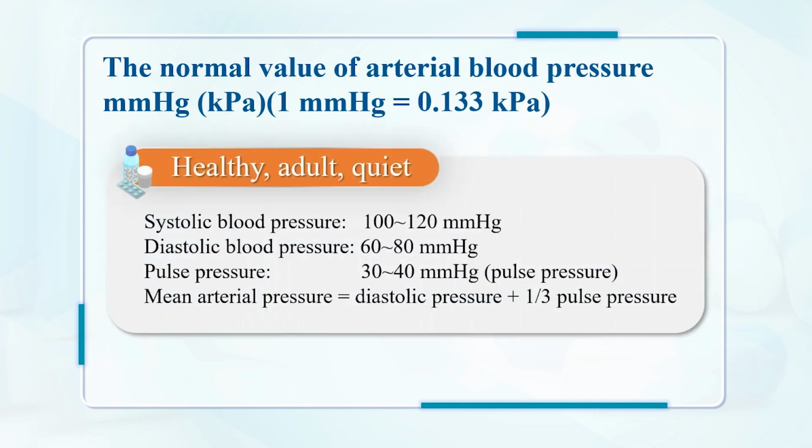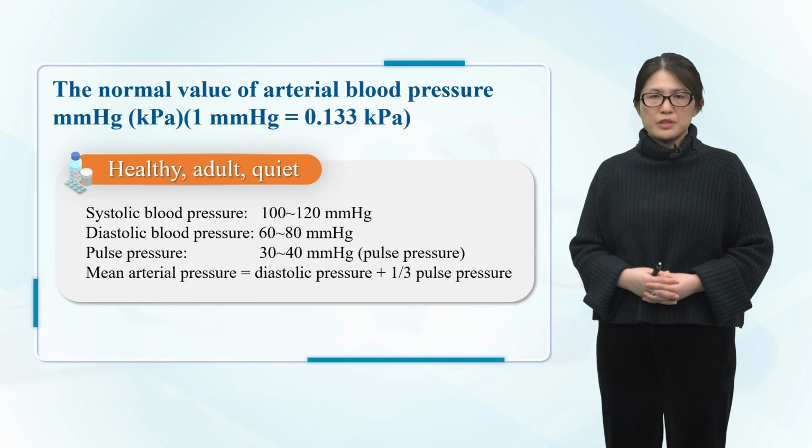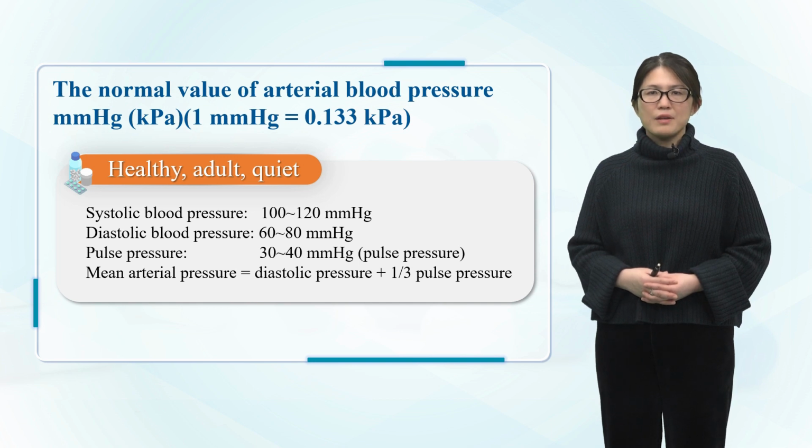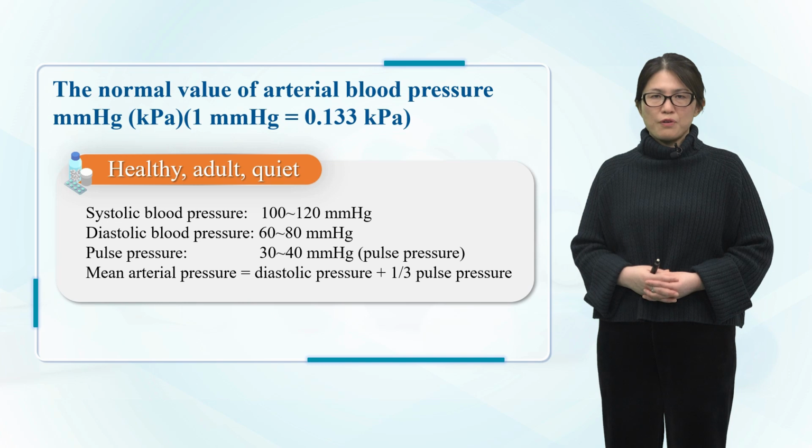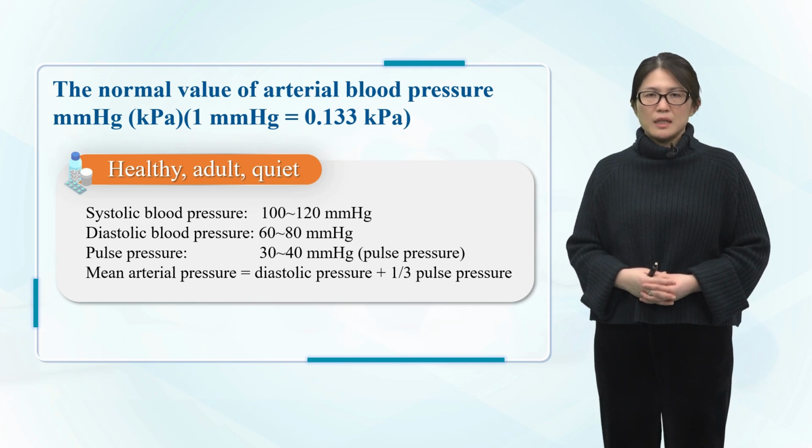In a quiet state, the systolic blood pressure of healthy young people in my country is 100 to 120 mmHg, the diastolic blood pressure is 60 to 80 mmHg, and the pulse pressure is 30 to 40 mmHg. The mean arterial pressure is approximately equal to the diastolic blood pressure plus 1/3 pulse pressure.